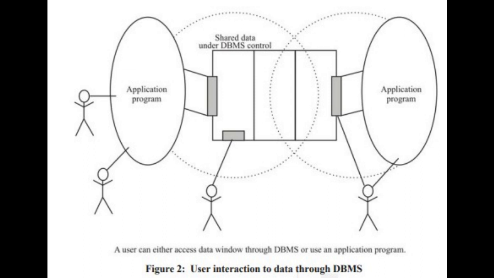New applications can be built and added to the current system, and data can be shared with these applications as per their need. Please note that data sharing is controlled by the DBMS, such that only the authorized users or applications can access it. Figure 2. User interaction with data through DBMS.